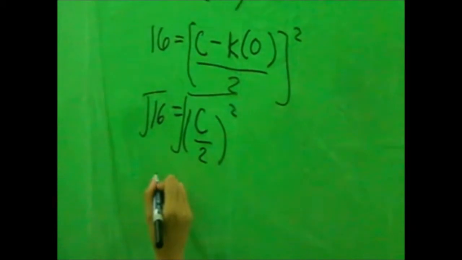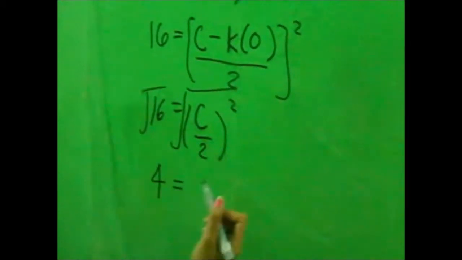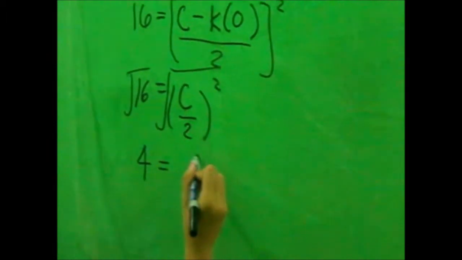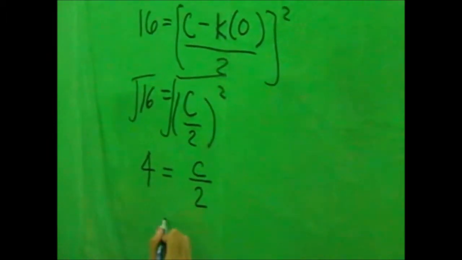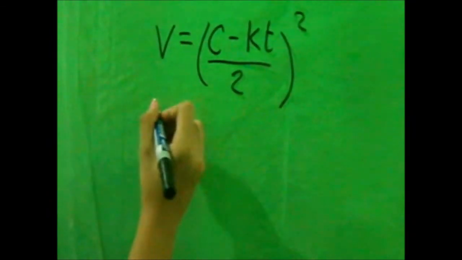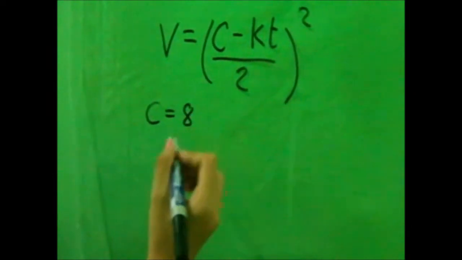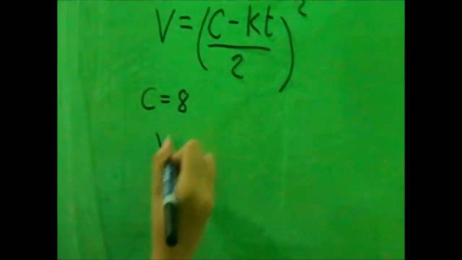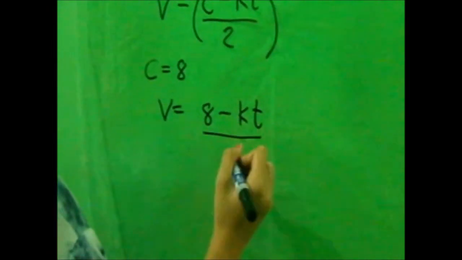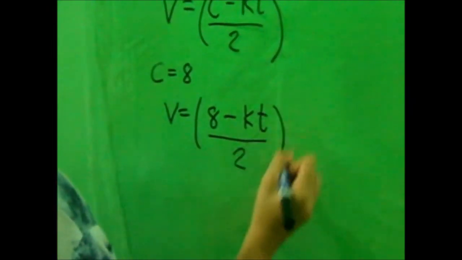Taking the square root of both sides, we have 4 is equal to c over 2. So our c has a value of 8. Now, we substitute the value of c to our equation 3. So v is equal to 8 minus kt all over 2 squared.